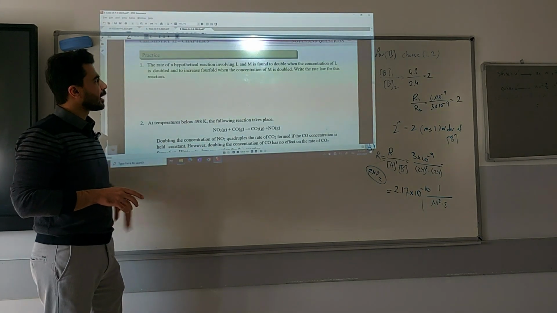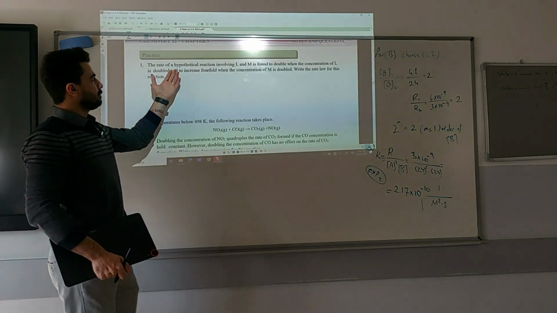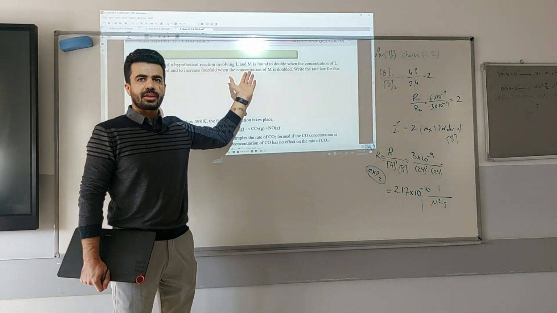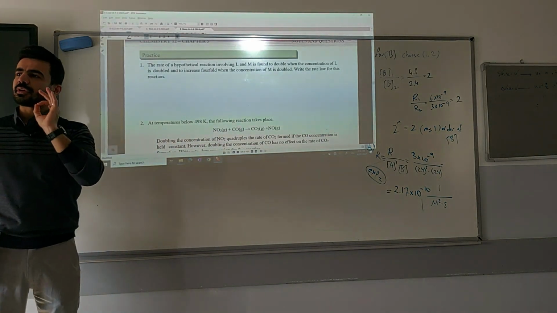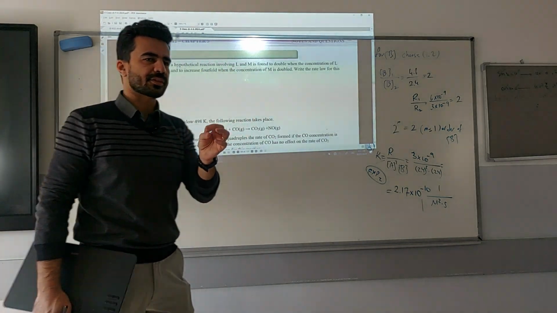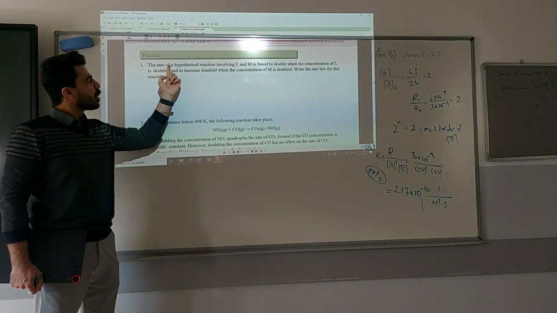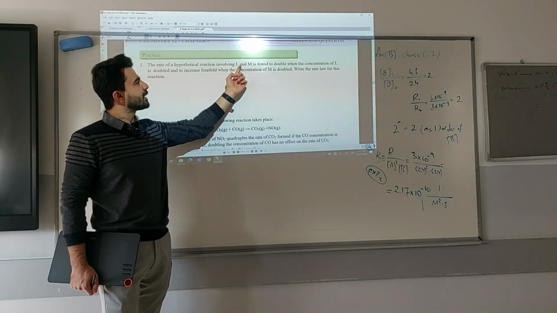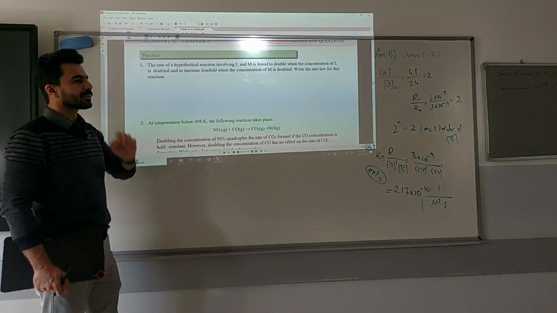For example, in here, if you look at this question, pay attention to how the question is phrased. It's very important to understand this question. Look, the rate of a hypothetical reaction involving L and M is found to double when the concentration of L is doubled.